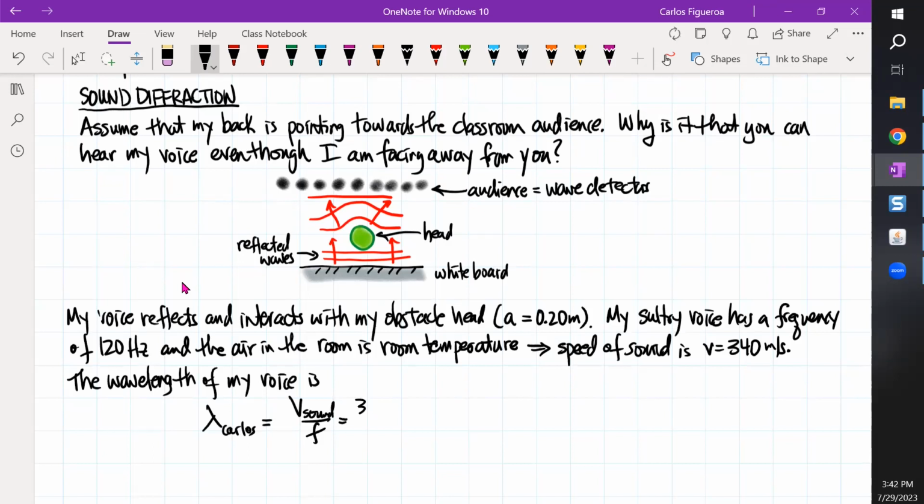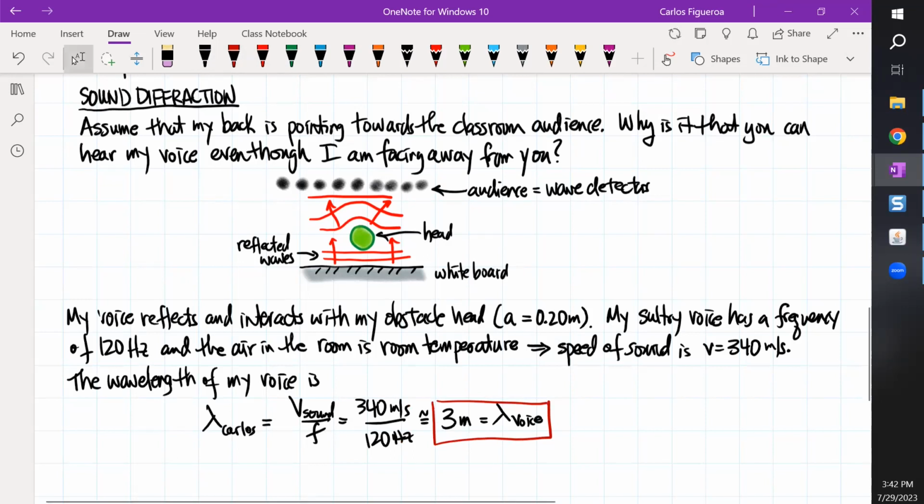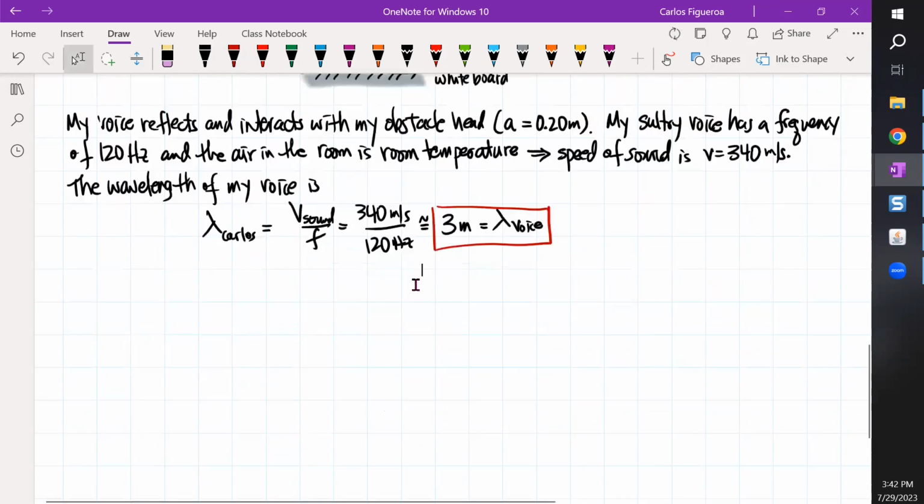So that has to be 340 divided by 120 hertz. And therefore, I get roughly around 3 meters. So this is the wavelength of my voice. Now let's calculate the diffraction parameter.